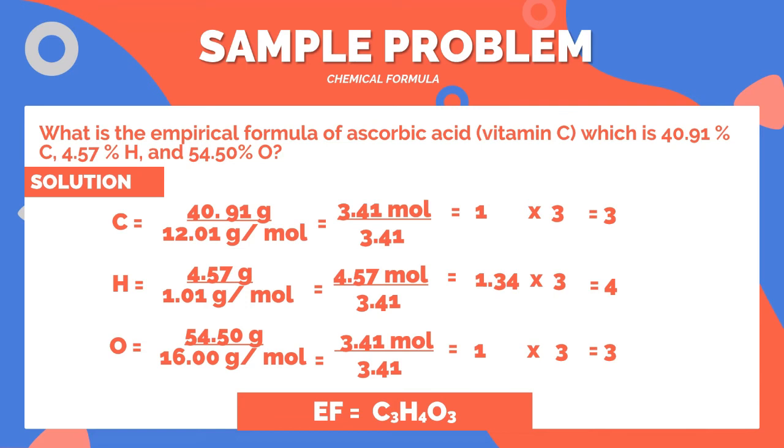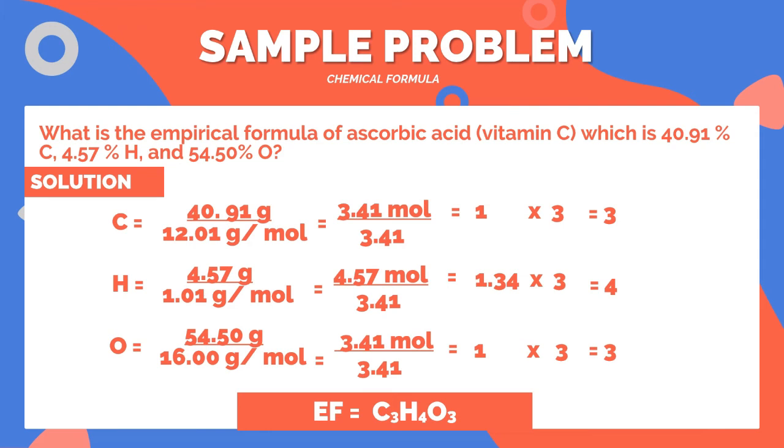But in writing a chemical formula, we cannot write numbers with decimals. So in order to get a whole number ratio, we need to think of a number which, if we multiply it, will give whole numbers. So we have 3. We multiply all the numbers by 3: 1 times 3, 1.34 times 3, and 1 times 3.